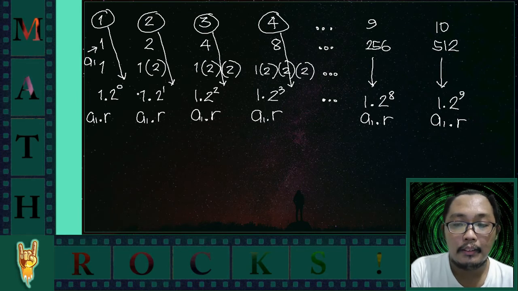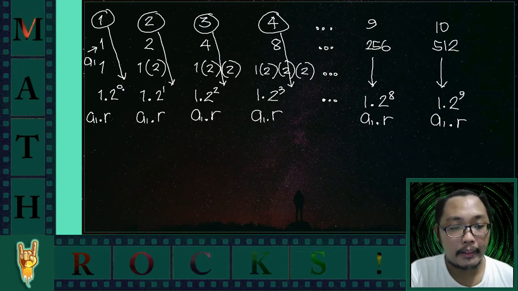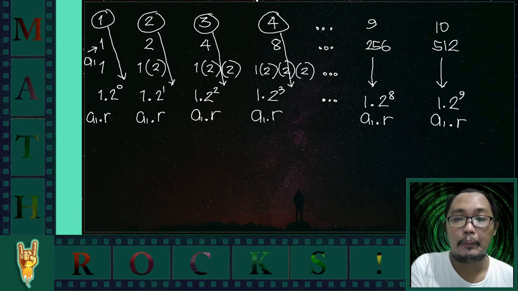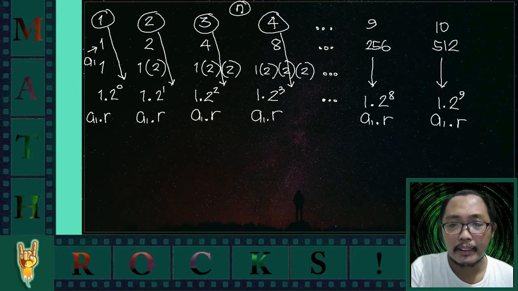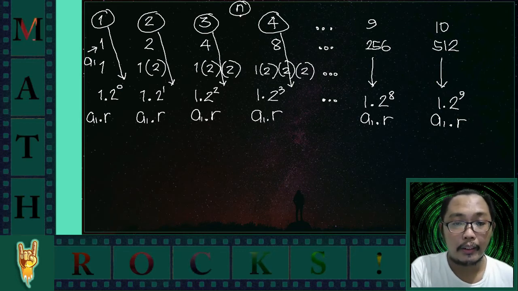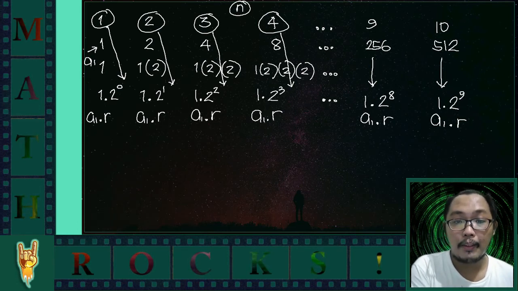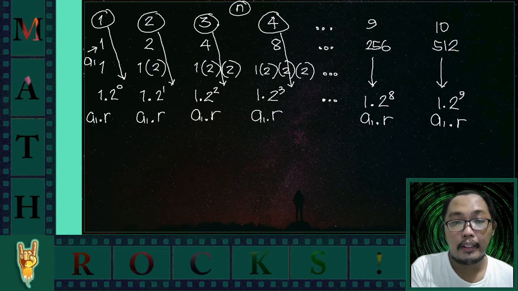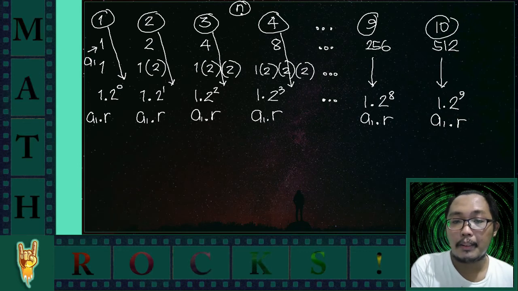And notice that we are only left with the exponents. So the exponents could be expressed in terms of the pattern that we have observed a while ago. Knowing that our n usually represents the position of the term in the sequence, on our first term, your n changes to 1, on the second term, your n changes to 2, while on the third term, your n changes to 3. So all of this actually simply refers to n.